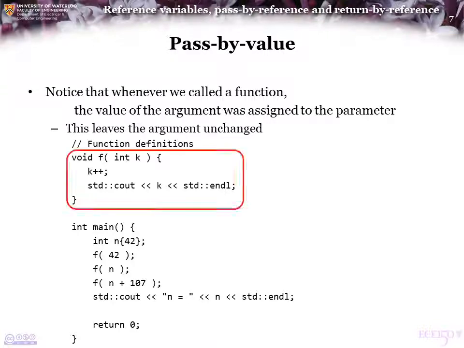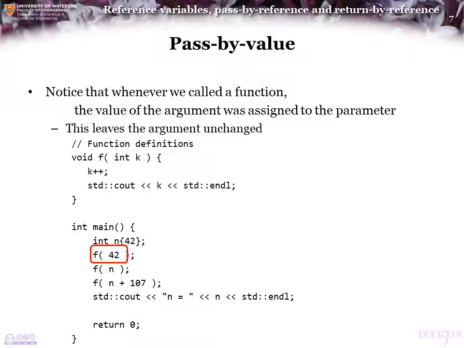So, for example, here we have a function f that takes a parameter k, and what it will do is increment that value and then print that value to the screen. So when we call f with the argument 42, k is initialized with the value 42, and that is the value that is incremented. K now becomes 43, so this should print 43 to the screen.